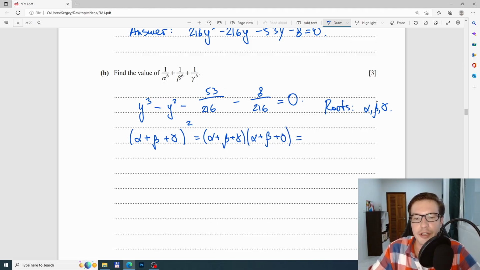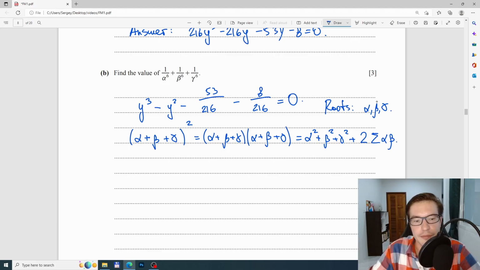When you expand those brackets, you'll get alpha squared plus beta squared plus gamma squared. And then you will also have alpha beta plus alpha gamma plus beta alpha plus beta gamma, and so on and so forth. So basically that's going to be twice the combination of alpha and beta, alpha and gamma. I will call this the sum of alpha beta.